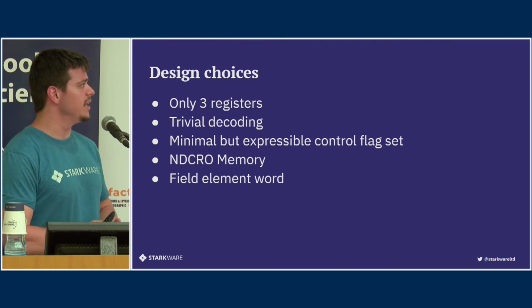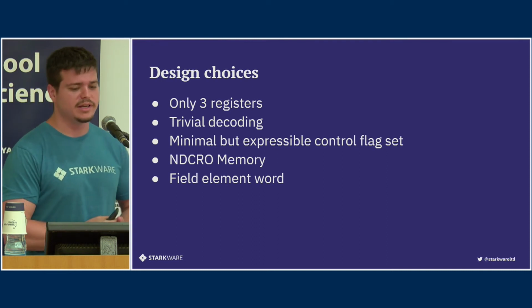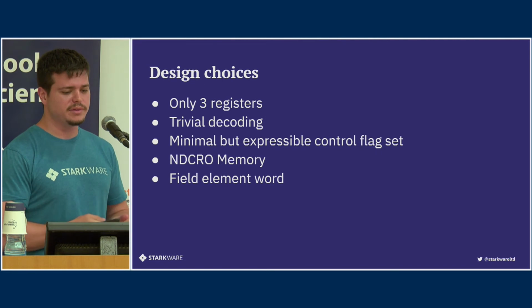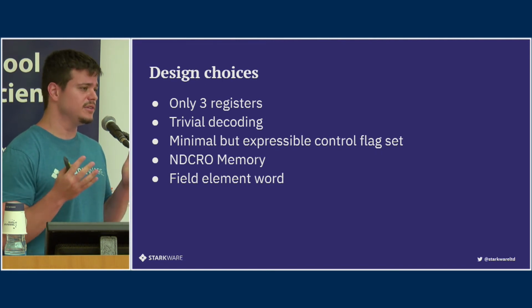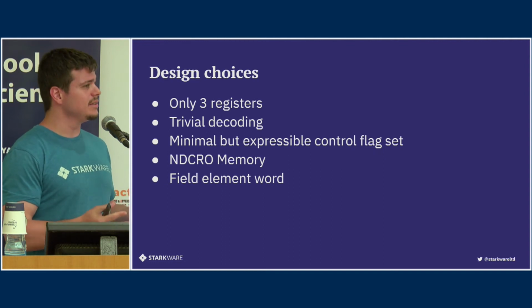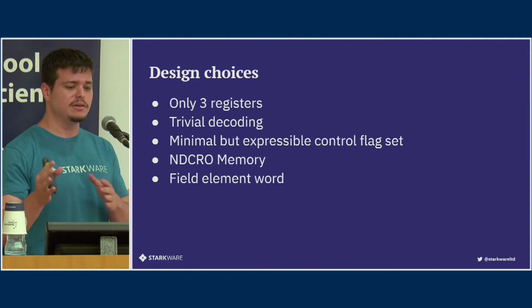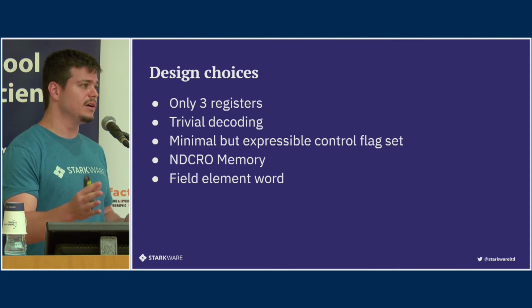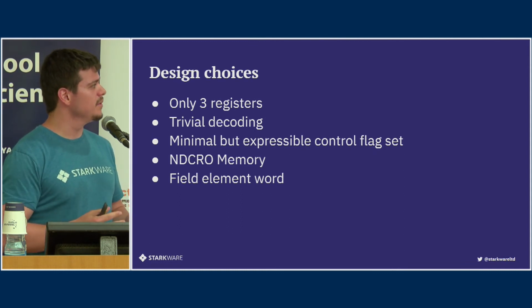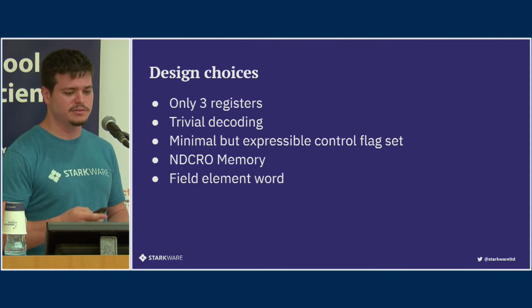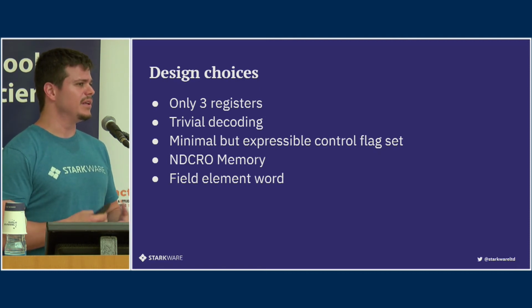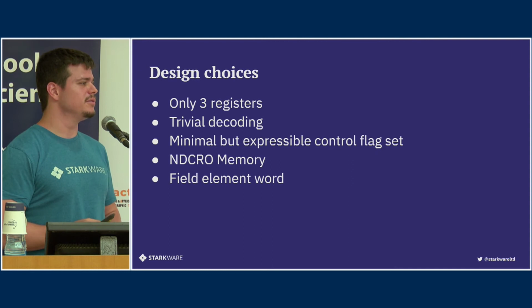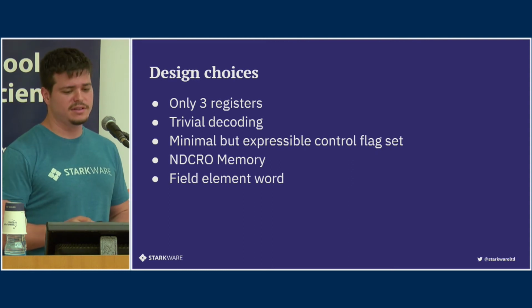Looking up in a table is hard in AIR, so we don't do that. Instead, we trivially encode the instruction. We just take all the control flags and concatenate them, and this is the encoding of the instructions. This means that we have a lot of invalid opcodes, but it doesn't really matter for us.